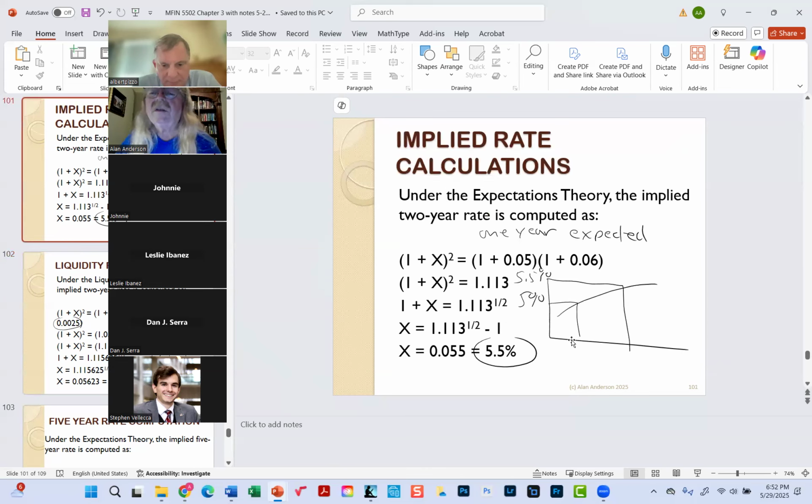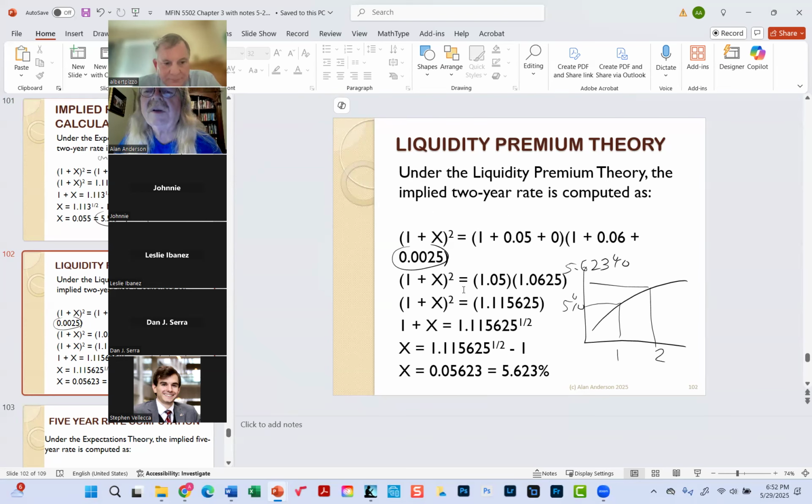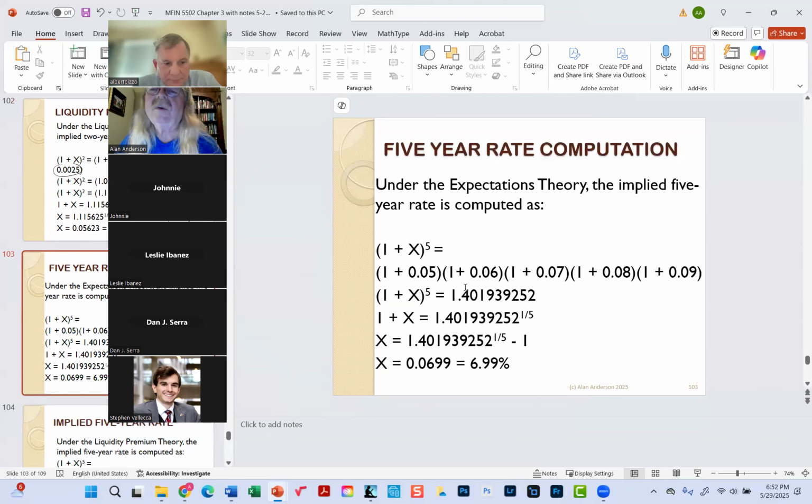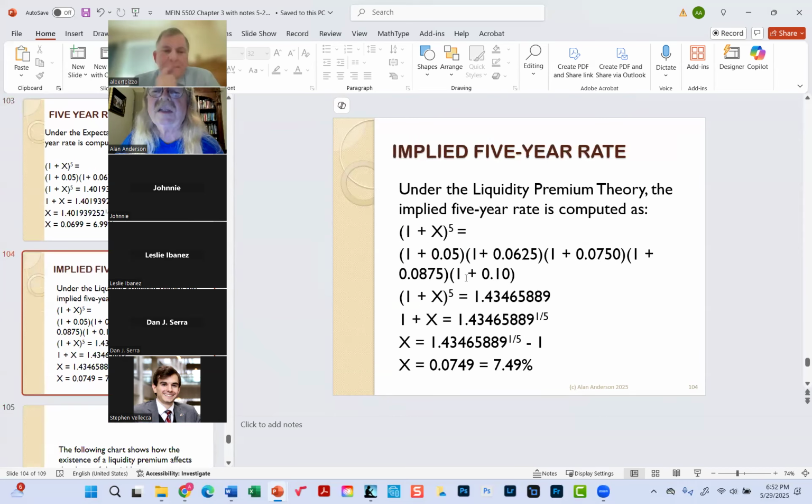So that's really all that this is telling us, that on top of expectations, you also have to take into account the liquidity premia. And studies are done all the time to try to figure out what is the liquidity premium and all this and that. It's kind of hard to figure out how much of a yield comes from which source, but they try.